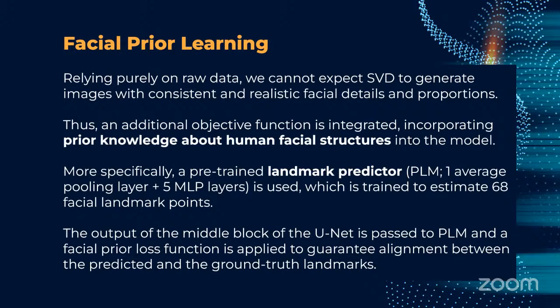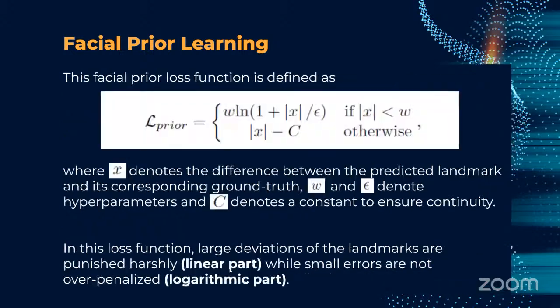And for the training of this landmark predictor, a so-called facial prior loss function is applied, which is designed in such a way to really bring the predicted landmarks by the model closer to the actual ground truth landmarks. And this prior loss function looks like this.